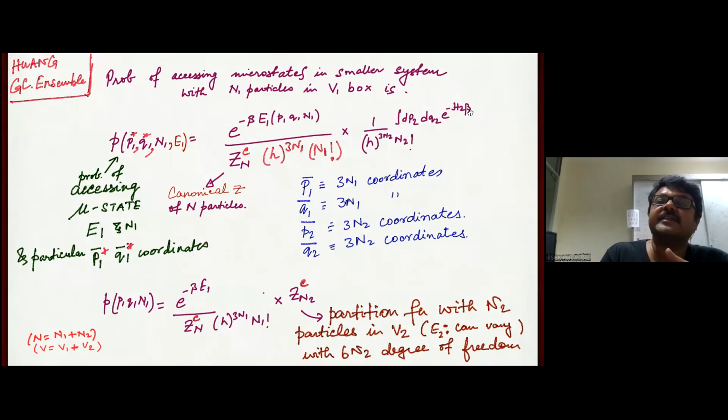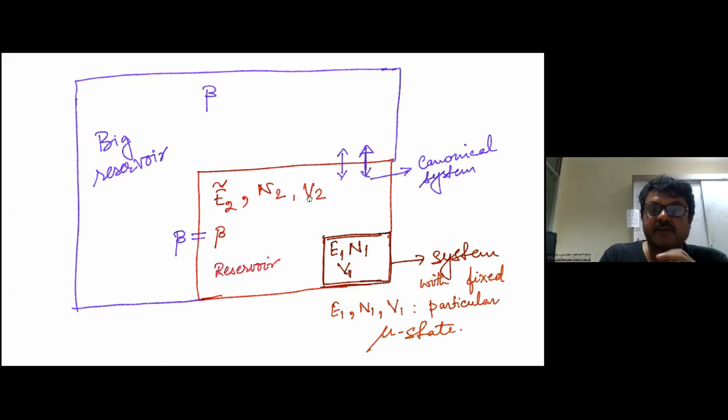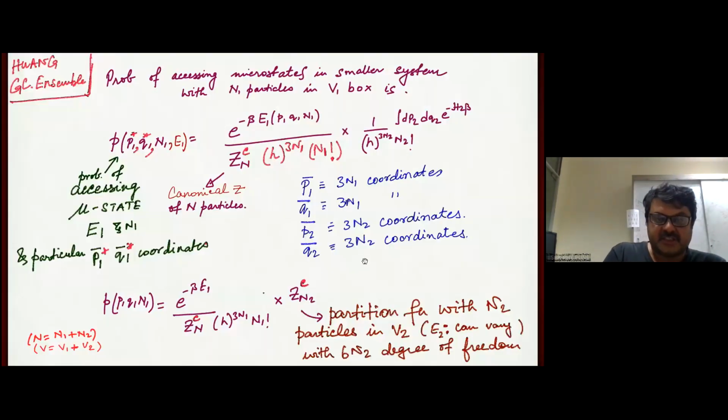But the very idea that you are calculating a partition function means that the energy of the reservoir can fluctuate, though large fluctuations are extremely improbable. So most of the time the reservoir will have an energy E2, but it will fluctuate, which means that it is in contact with an even bigger reservoir, and beta dash decides the temperature of the reservoir, which in turn decides the temperature of this system. So that's what it means.